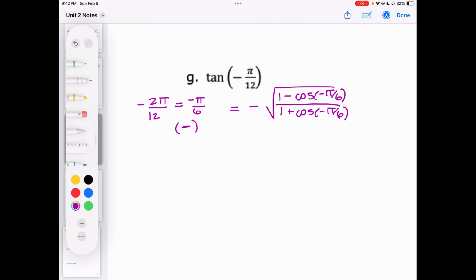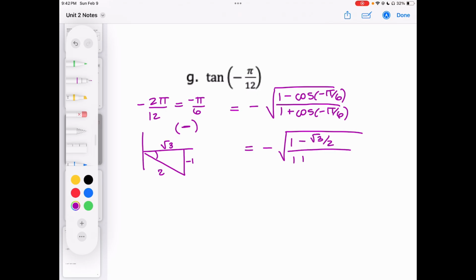If I am in this quadrant, pi over 6, it's going to be negative 1 and root 3 with a 2. So my answer is going to be a negative square root. Let's make sure that my signs are good. 1 minus root 3 over 2, all divided by 1 plus root 3 over 2.